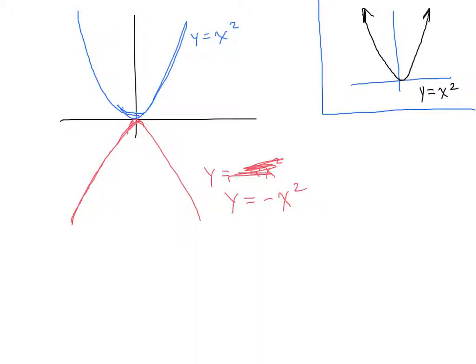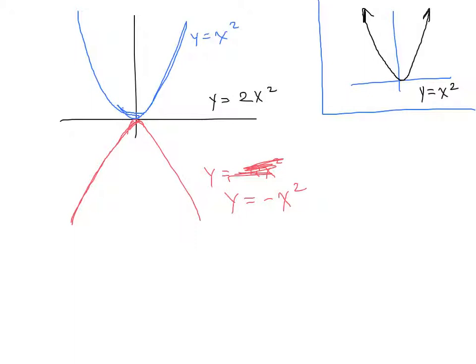All right, let's do another thing here. Let's talk about a number greater than 1. What would that do to the graph? So let's say y equals 2x squared. If I have y equals 2x squared, this graph is going to be climbing twice as fast.